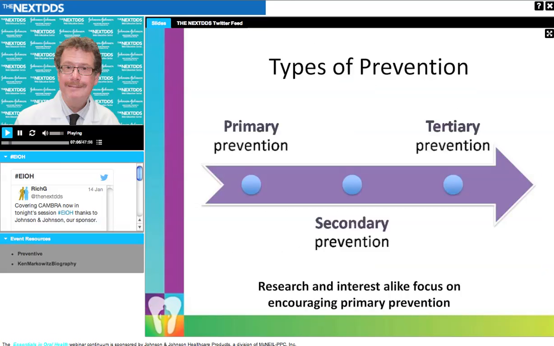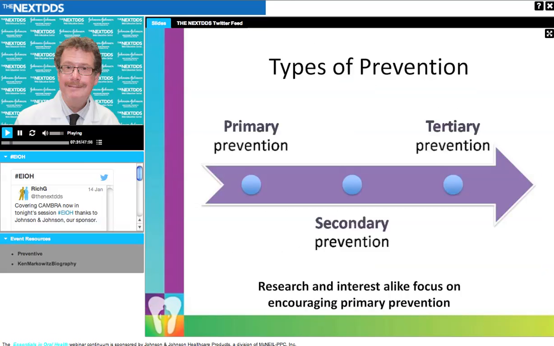Okay, so prevention really applies to all stages of the disease process. Conceivably, you have a person, you want to prevent caries. You want to essentially halt caries at the very earliest stages. Now, that really entails treatments other than restoration.